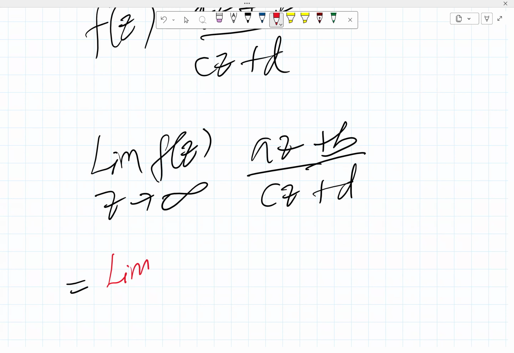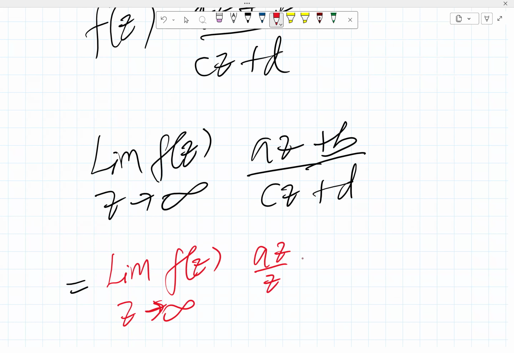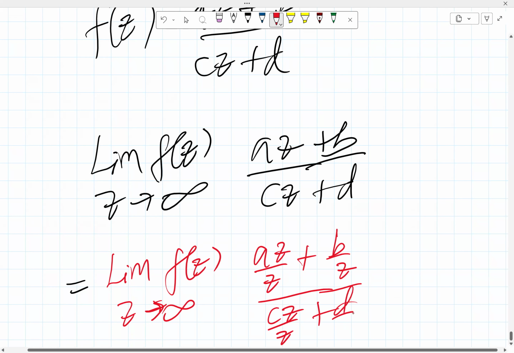So we have the limit of f of z as z approaches infinity. You then divide through by z: az divided by z, b divided by z, cz over z plus d over z.